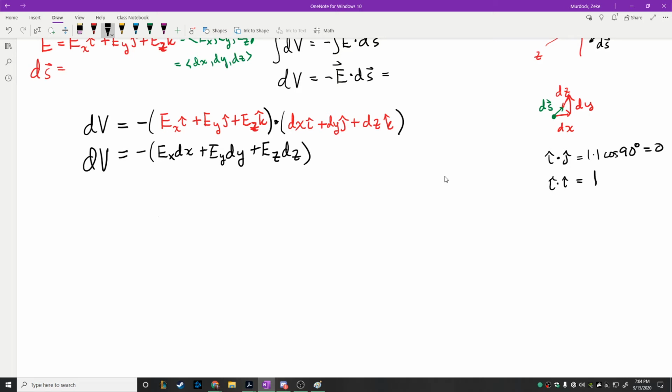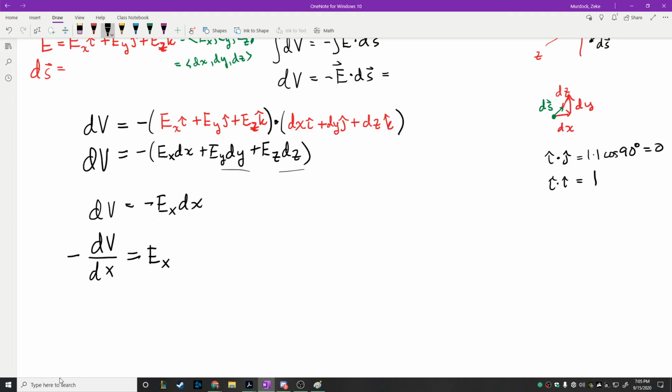So I'm going to ignore these two, but we'll come back and we'll put them in, okay? So let's say that these two are 0 for some reason. And the only thing I tell you is that dV is equal to negative Ex times dx. Well, then you could rearrange this, right? And you could say, oh, well, this is like dV over dx, and then I move the negative sign over here, and look, that gives me the component Ex.